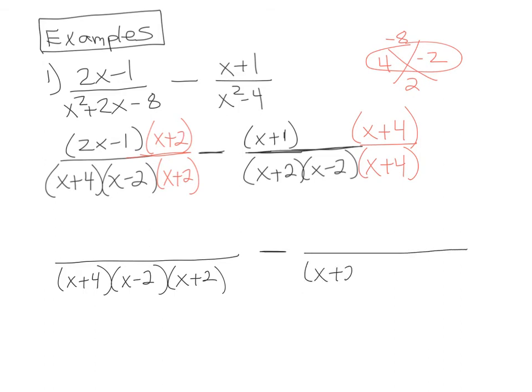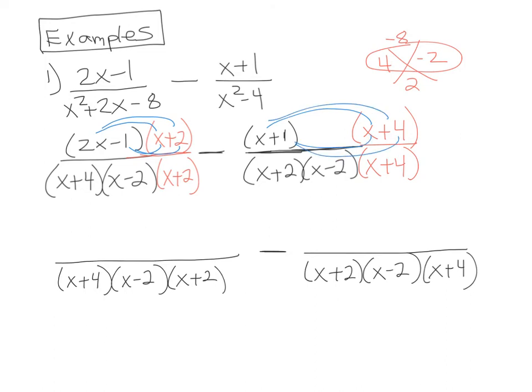X plus 2, x minus 2, x plus 4. Alright, so don't touch the denominators. Leave them in factored form. But the numerators, you're going to have to distribute or double distribute. So I'm going to have to double distribute this and this one.